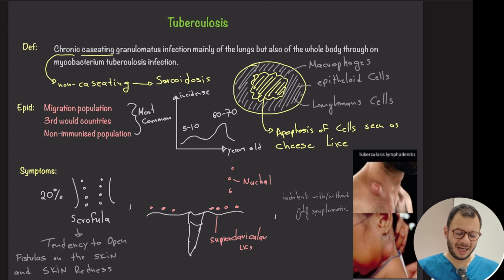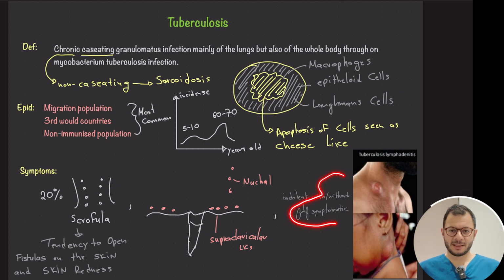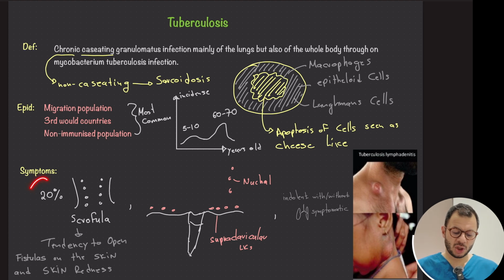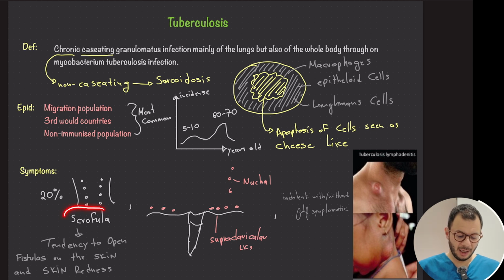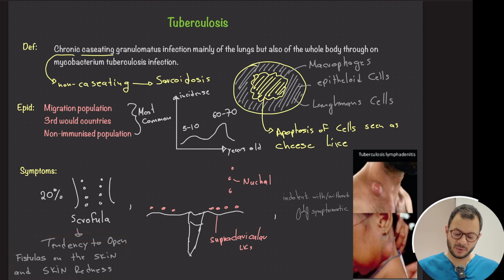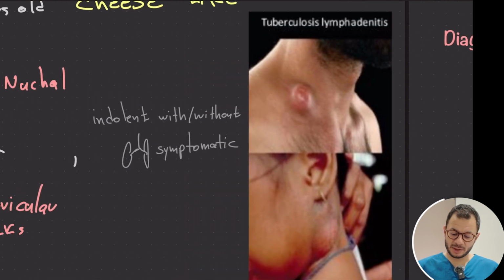The main symptoms of the patient that is coming to our praxis will not be the lung symptomatic, like coughing out blood, rather the cervical lymphadenitis. 20% of the patients that do have tuberculosis develop cervical lymphadenitis. This is also called scrofula, and they have a tendency to form fistulas on the skin and skin redness, as we see here in these pictures.